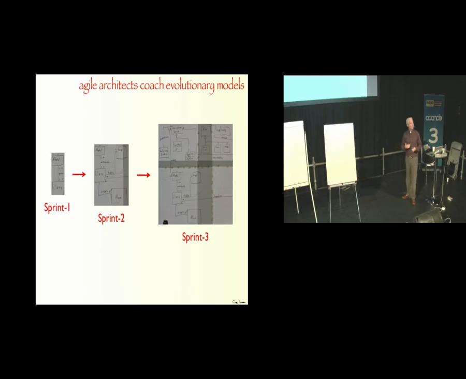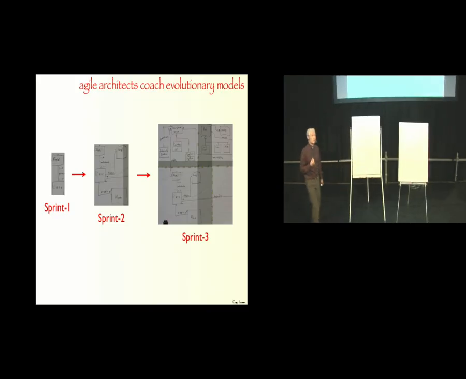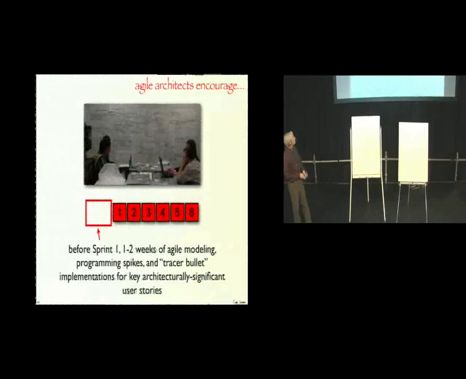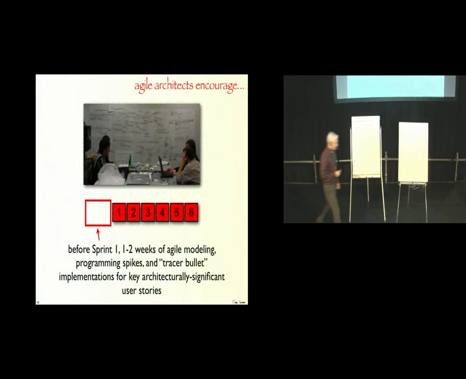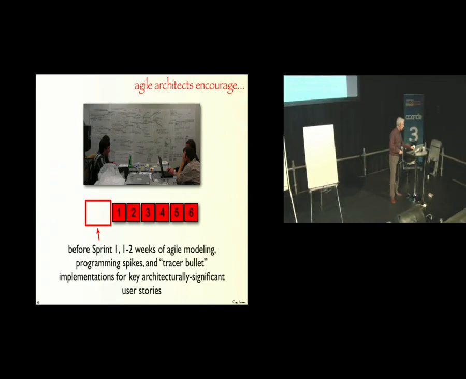And so related to this, agile architects encourage not thinking in terms of really big upfront modeling, but in terms of evolutionary modeling where things might evolve sprint by sprint. But this is another, I guess for some people, controversial point, but it's, in my opinion, perfectly sensible and useful.